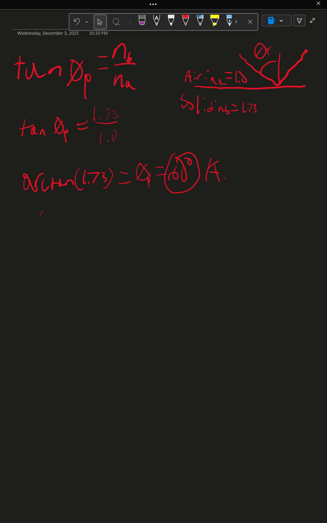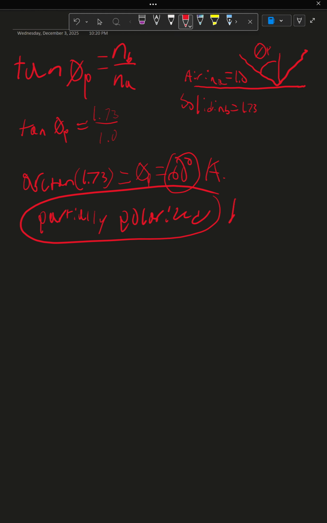So let's write that down: partially polarized, because it's not the reflected light, it's the refracted light going inside.